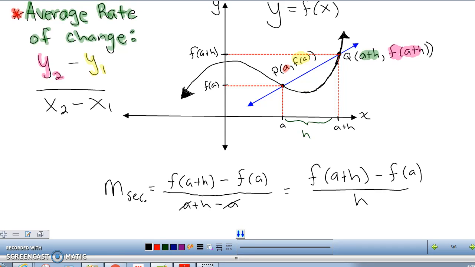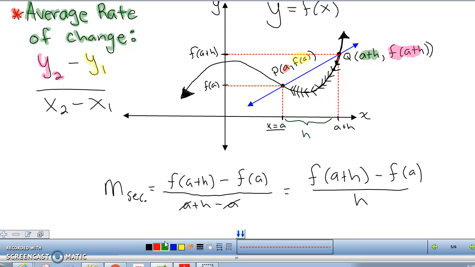Okay, we want the slope for a tangent line at a given x value. So what if we want it at this given x value, x equals a? Okay, we want it at this point. So let's pretend we can actually move this point and get it real close to this point, x equals a.